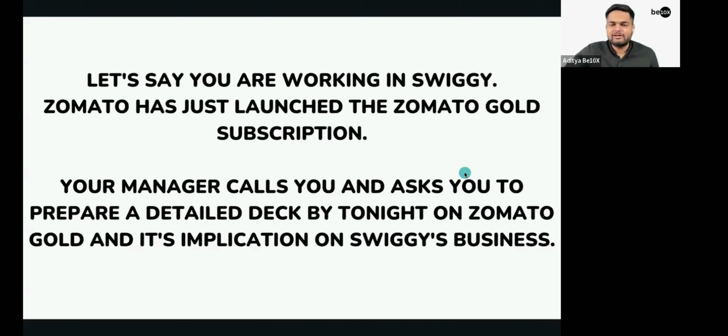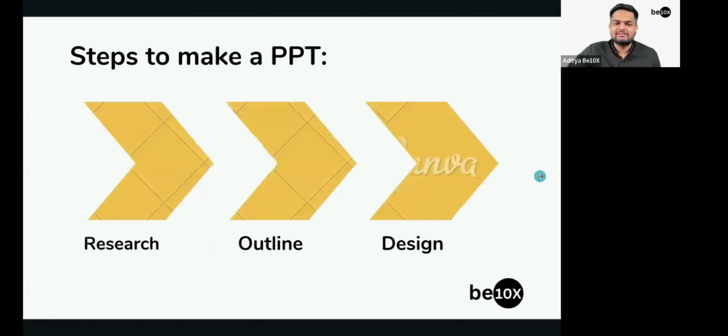For creating any sort of presentation, three steps are very important. The first step is to conduct research. We need to know what is Swiggy, what is Zomato, what is Swiggy Gold, what is Zomato Gold, everything. Second is the outline.